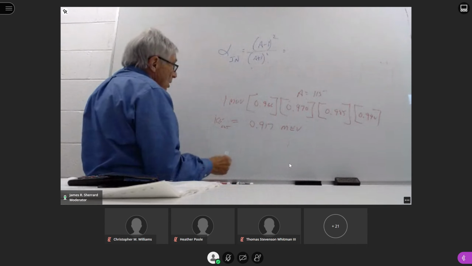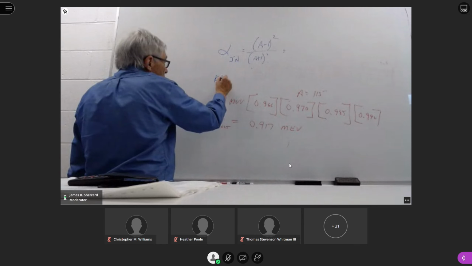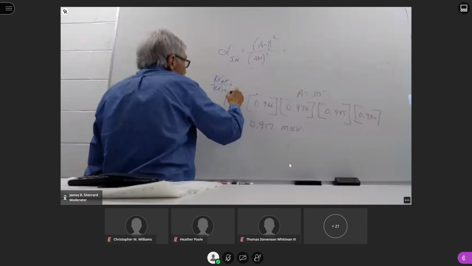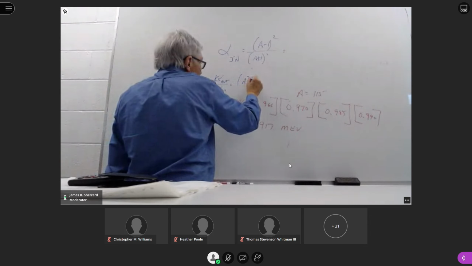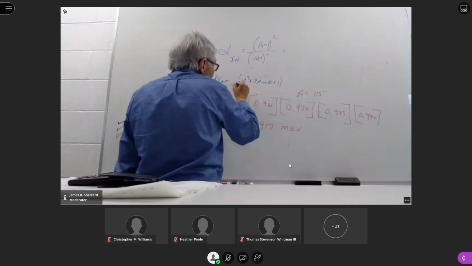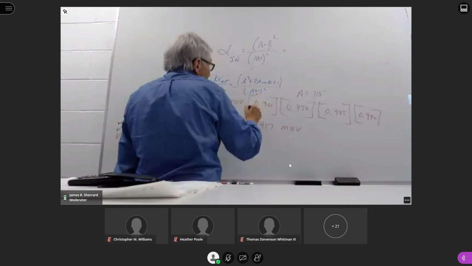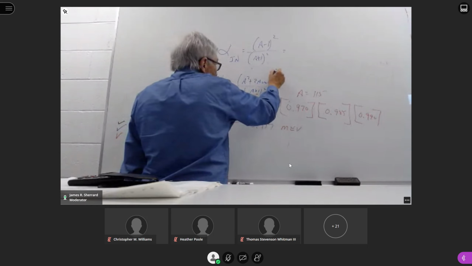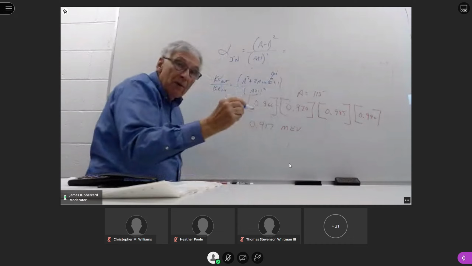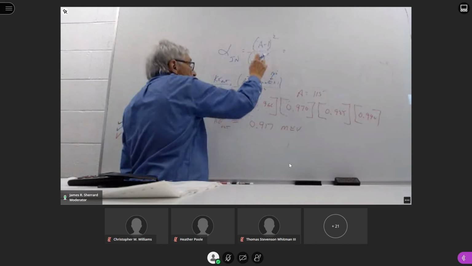So if we went back to our equation, and we substitute in here 180 degrees because that would be a perfect backscatter, this reduces to this.